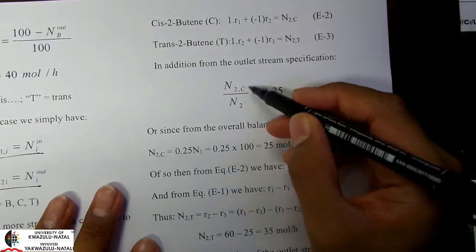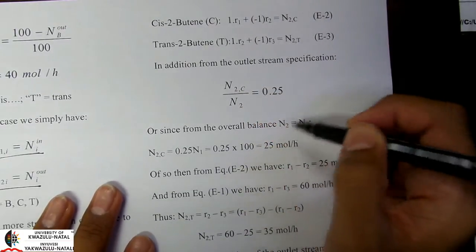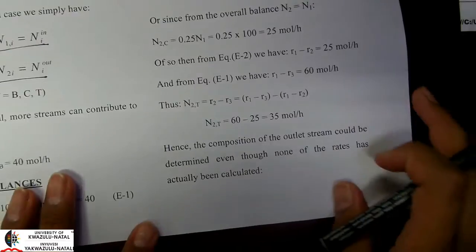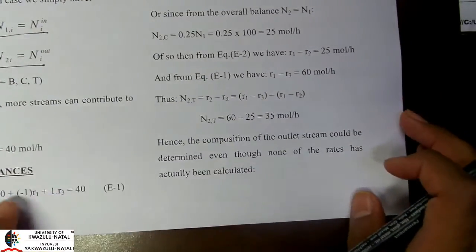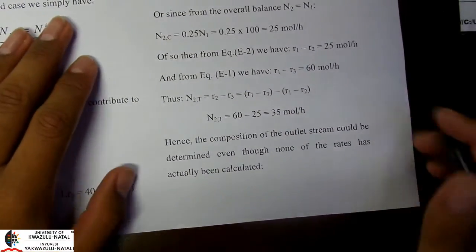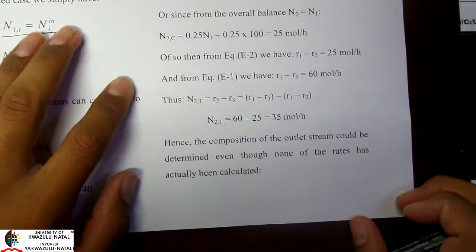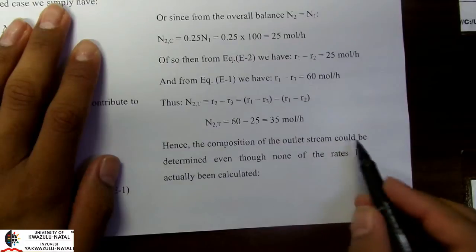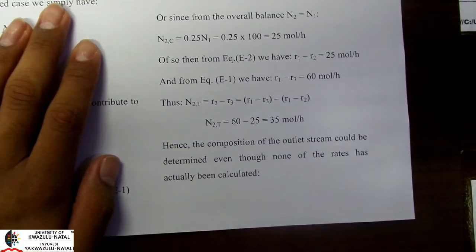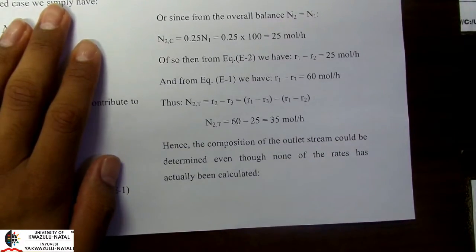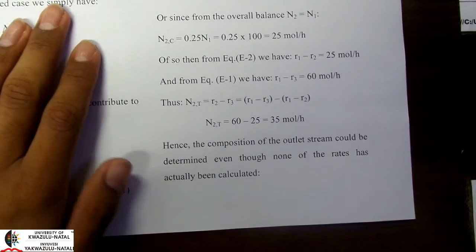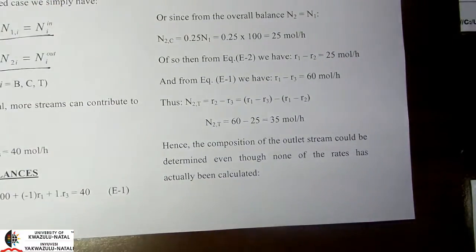So we wanted N2C and N2T, and we've got it, even despite the fact that it was stated that our system was underspecified. So the composition of the outlet stream could be determined, even though none of the rates has actually been calculated.